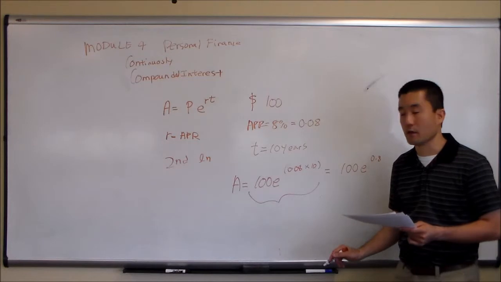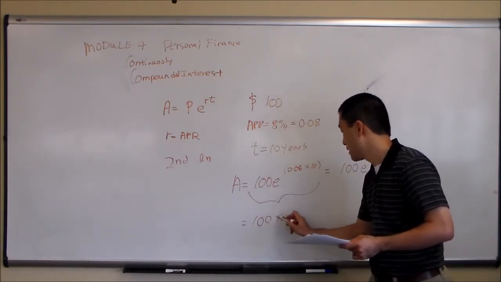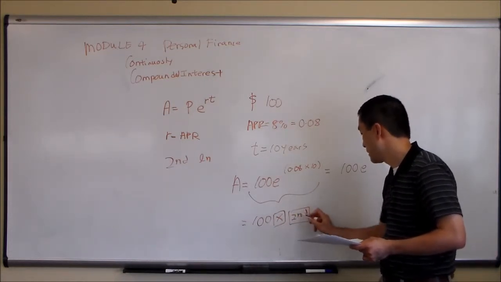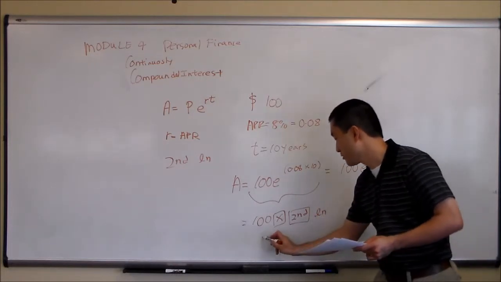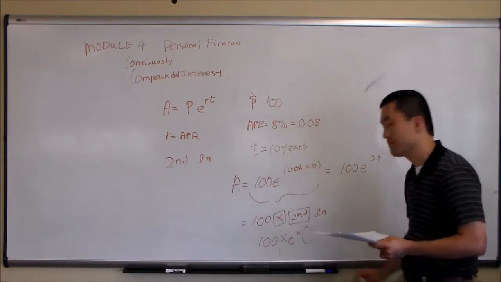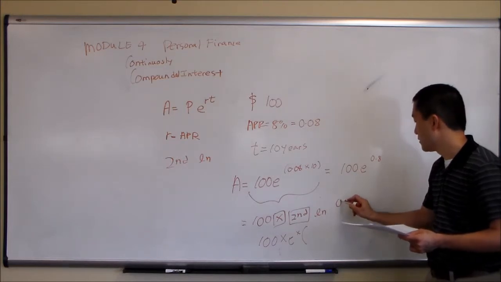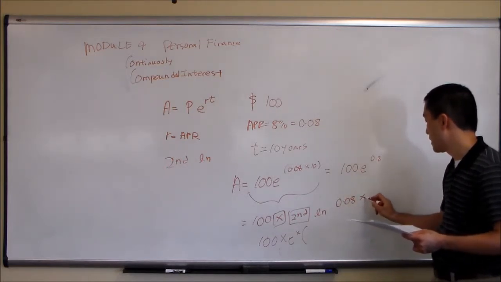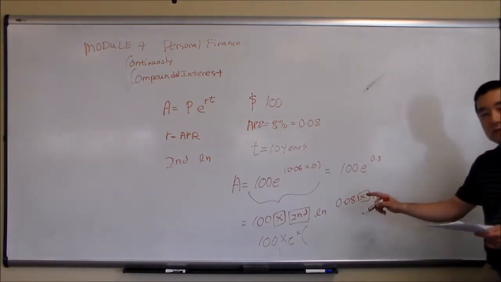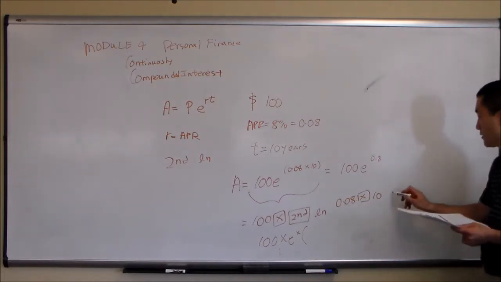So if you have a TI-30 again, this would be 100 times second key, ln key. So on your screen it should look like this. And then type in 0.08 times 10. Typically you have to put the closing parentheses, but your calculator will do it for you. You just press enter.